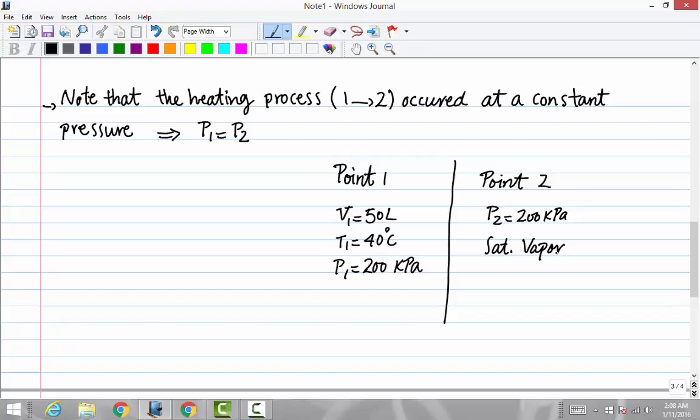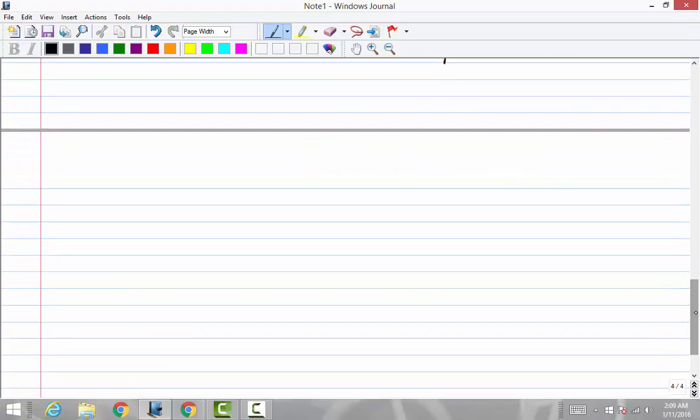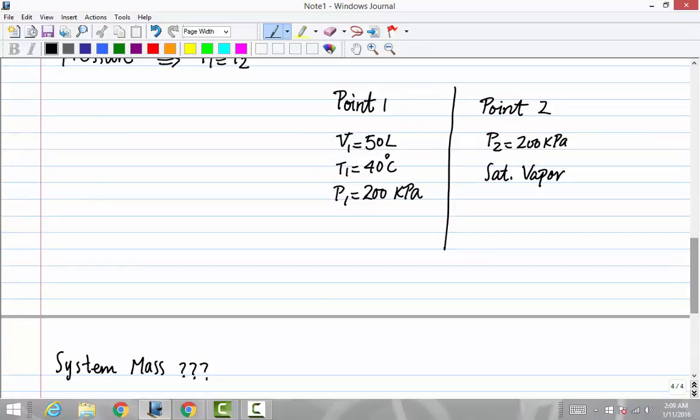Now let's solve it. The first question, let me go to the next page. The first question is mass. We need to find the system mass. How much is it? If I scroll up to this table, I see that at point 1, I have pressure and temperature.